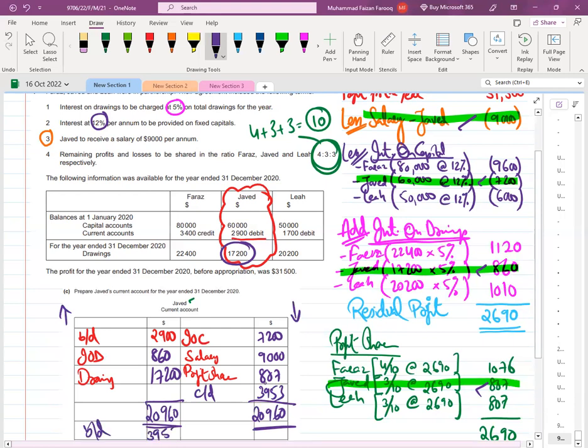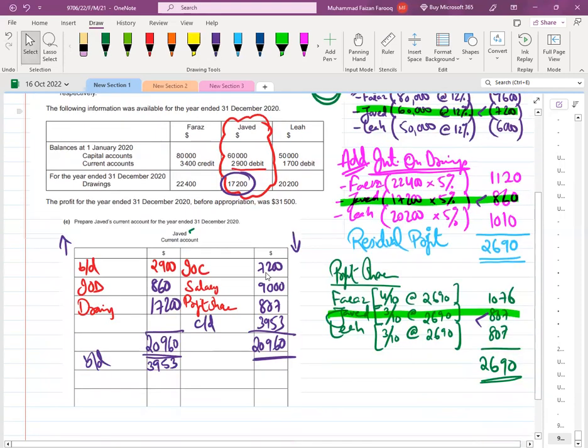BD CD, we are very used to it, so I did it directly. And we have this very easy requirement for 6 marks. You can imagine the examiner asks for a current account for 6 marks.